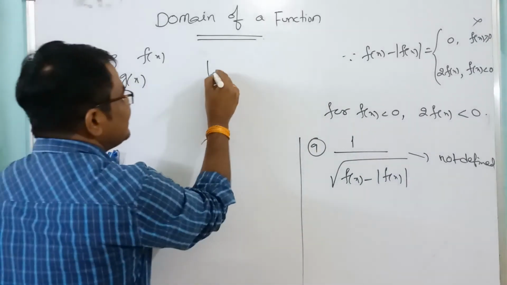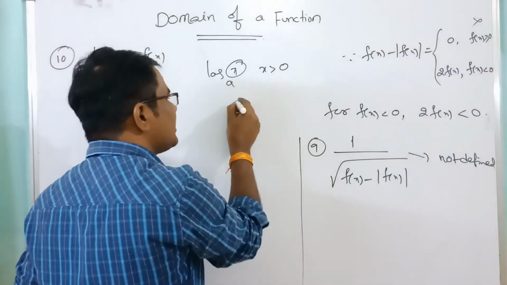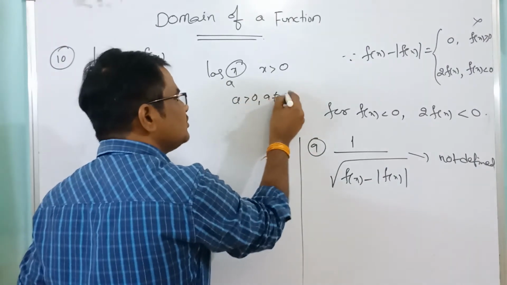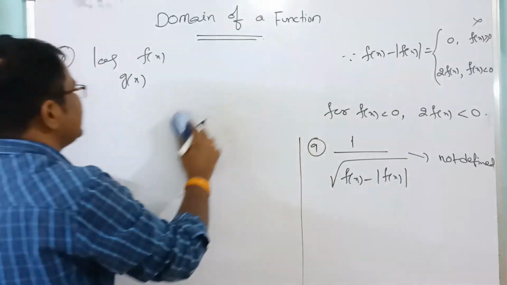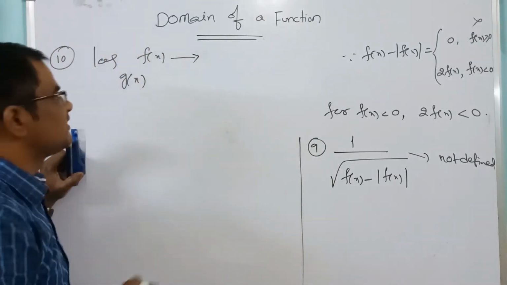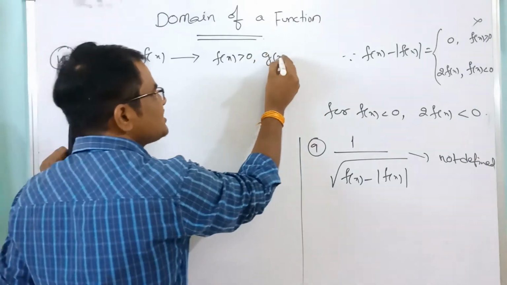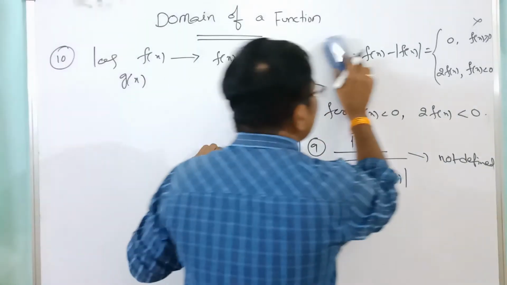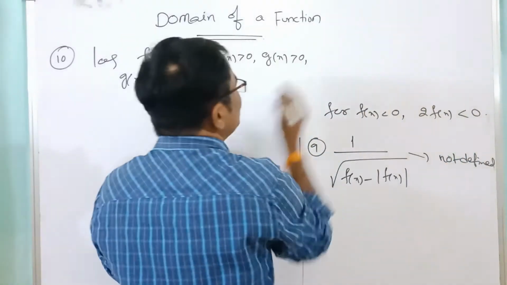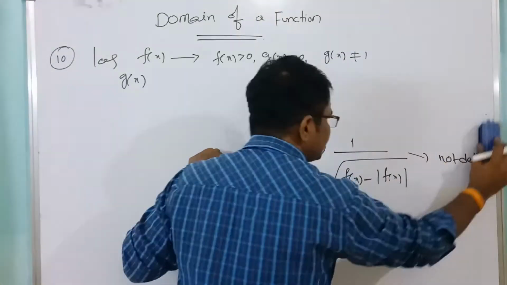We know that log x to the base a exists whenever x is greater than 0 and a is greater than 0, a not equal to 1. That is what we take here. The conditions for this function to be defined are f of x greater than 0, g of x greater than 0, and g of x not equal to 1.